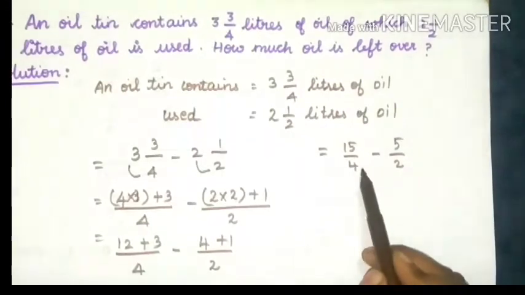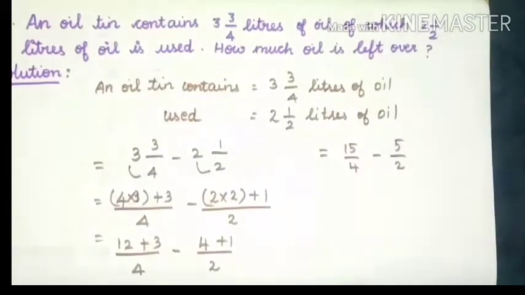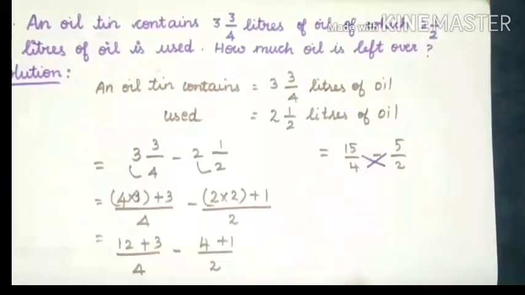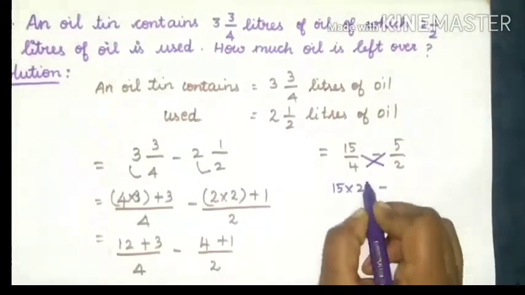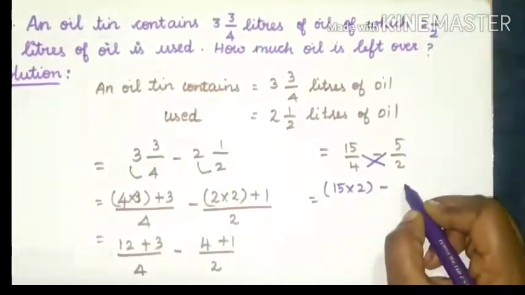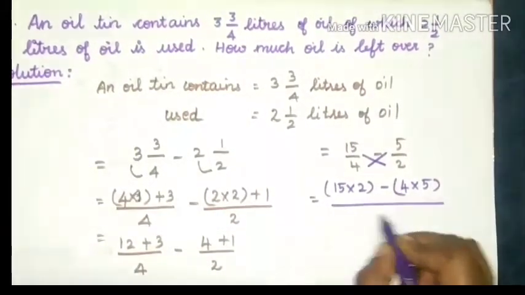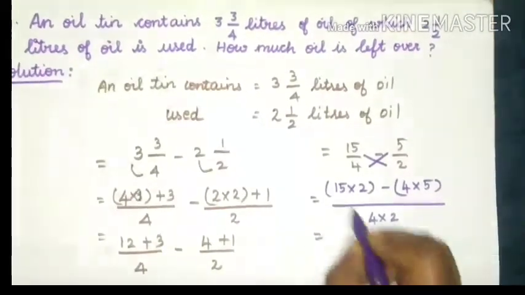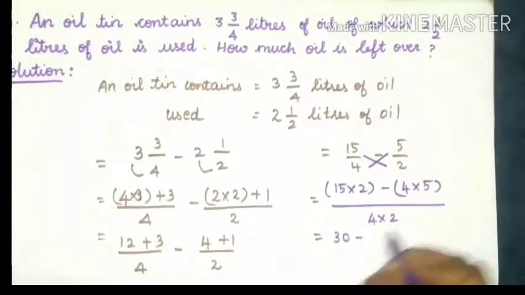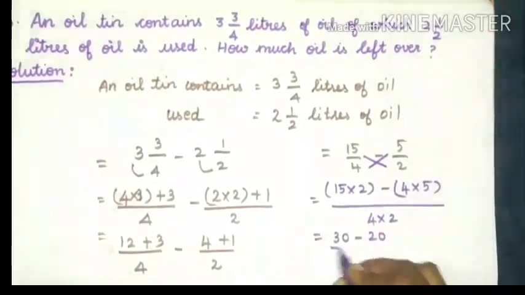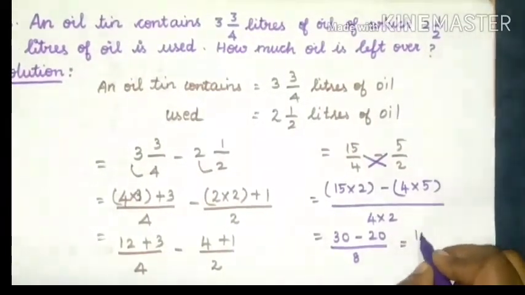To find the common denominator, we have to find the cross multiplication. 15 into 2 minus 4 into 5, divided by 4 2s are 8. 15 2s are 30 minus 4 5s are 20 divided by 8. 30 minus 20 is equal to 10 by 8.